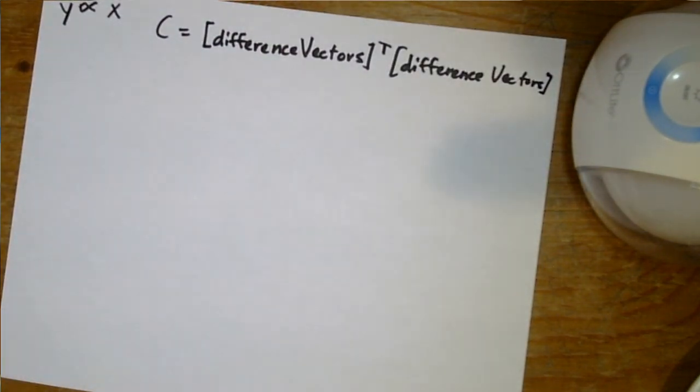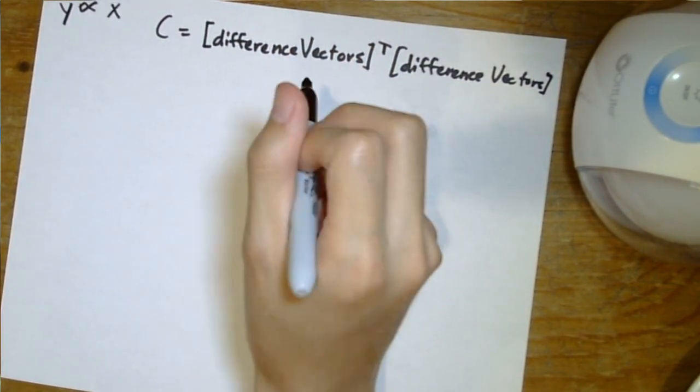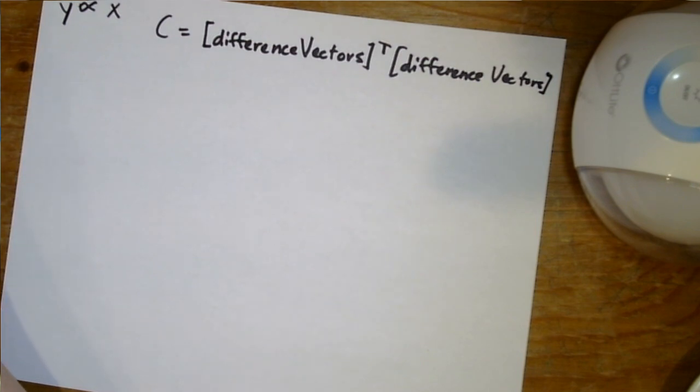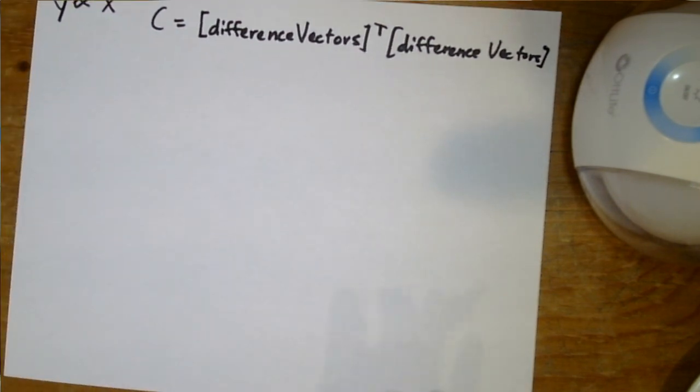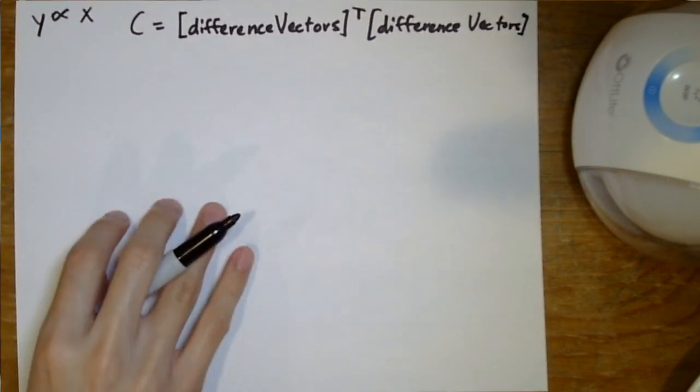And since each difference vector has 36,000 entries, and let's say we have a 76 element data set, there are 76 difference vectors in this list of difference vectors.